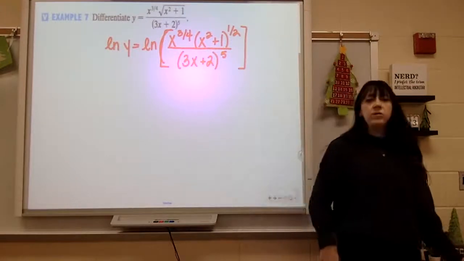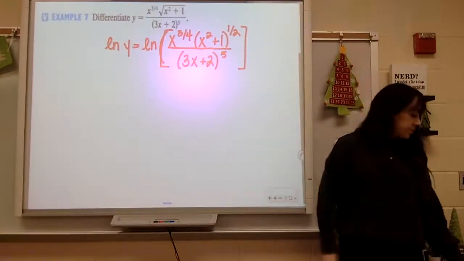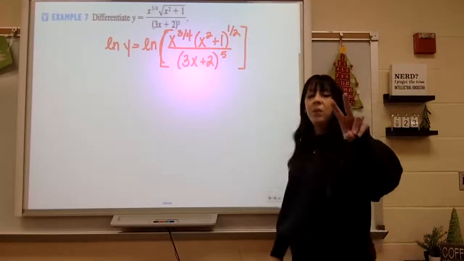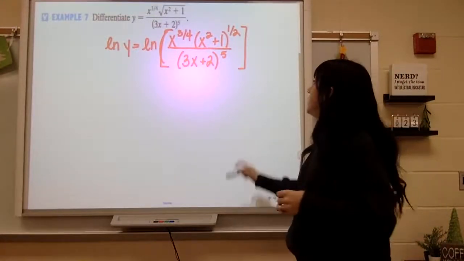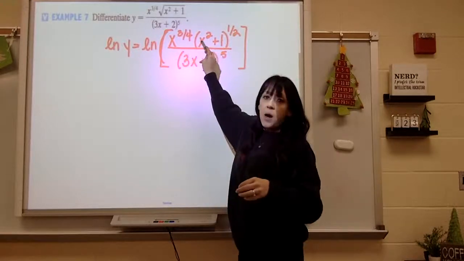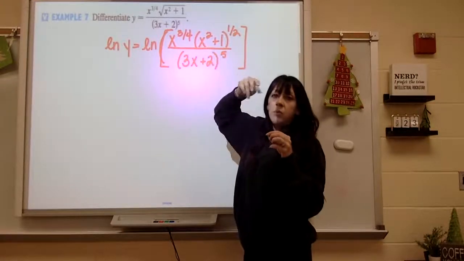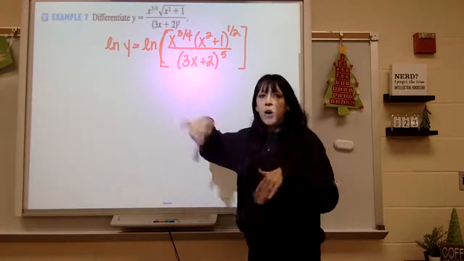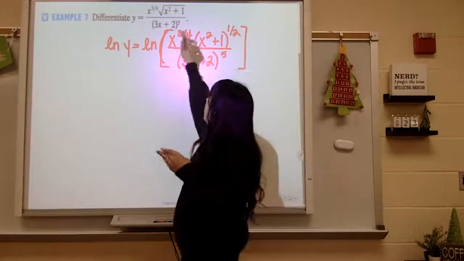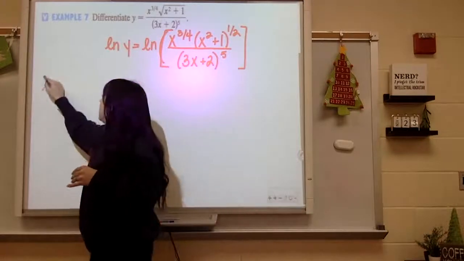Step 2 is take the derivative. I'm sorry, not take the derivative. Step 2 is break this up now using your logarithm properties. So I have a product on top that could be turned into a plus. Quotient is minus. Exponents come to the front. Do all those properties on this complicated side.